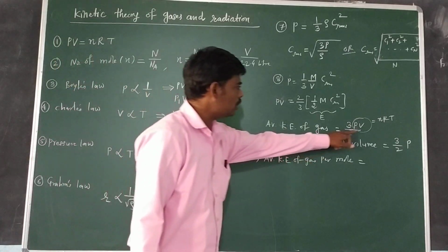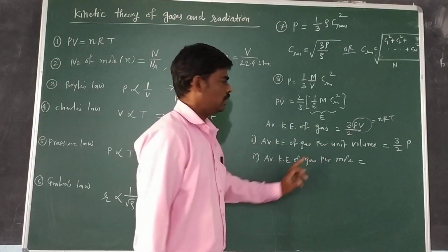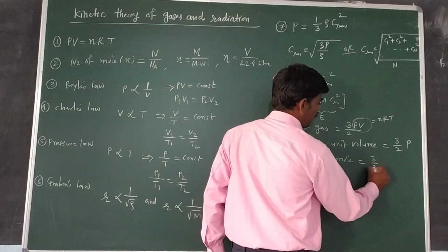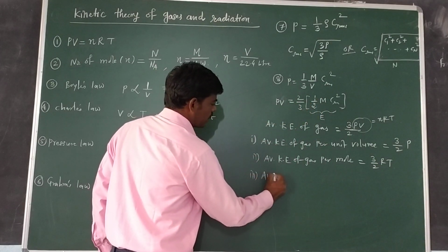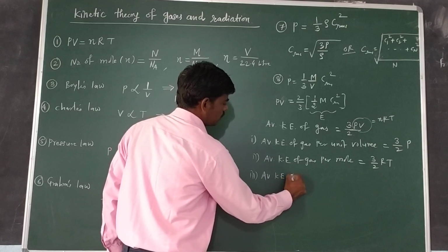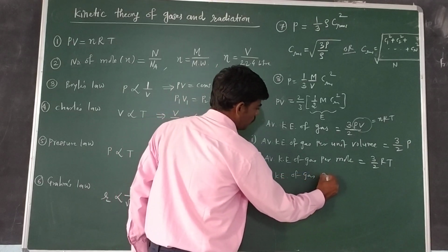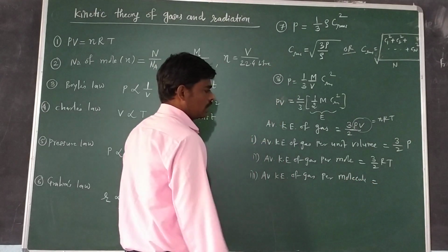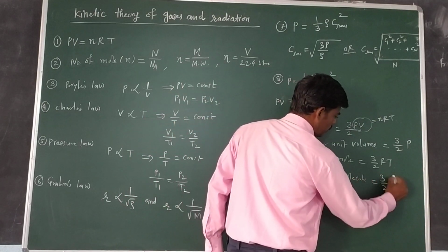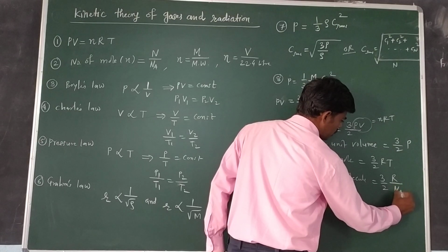For per mole, we should divide by n. So what we get? 3 by 2 RT. If we require the average kinetic energy per molecule, then divide it by Avogadro's number.